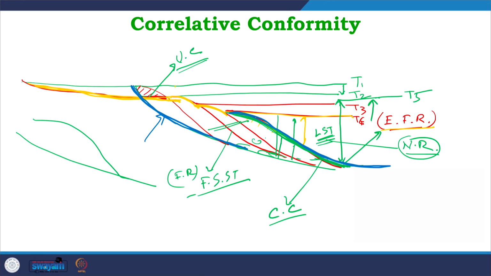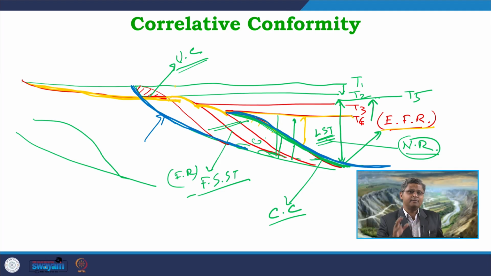So, the correlative conformity can be considered as the end of fall paleo seafloor. Basically we are looking at this particular surface which marks the position of the paleo seafloor at the end of fall. So, the end of fall paleo seafloor is the correlative conformity surface. It has a high preservation potential because it is not associated with any kind of erosion.